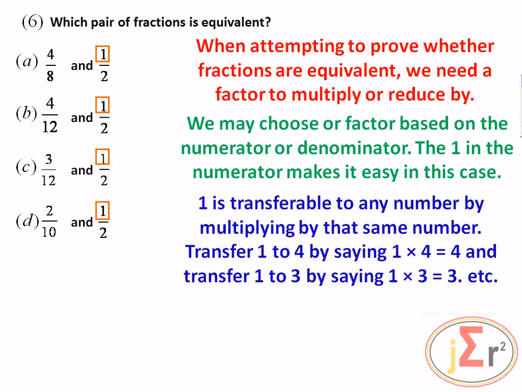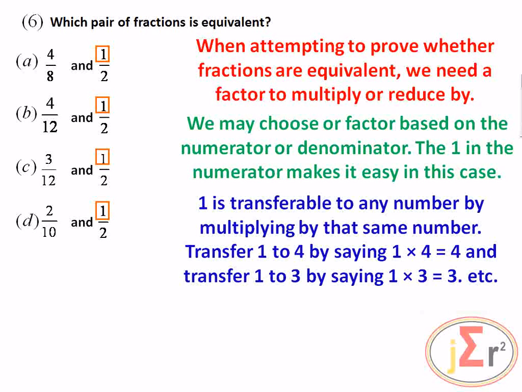What is the factor that we need to multiply by? 6. Yes, we need to multiply by 6. Or 6 is one number that we could use, because 3 to be transferred to 18, we need to multiply that by 6. So 6 is a factor that we could use.